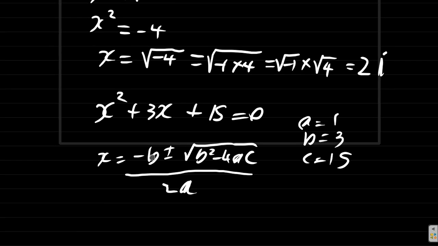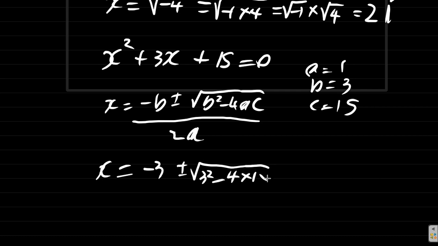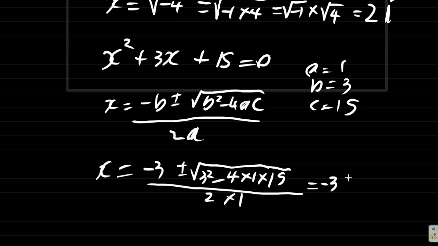Alright? So what we have is x equals -b, which is -3, plus or minus the square root of 3 squared minus 4 times 1 times 15, all over 2 times 1. Which is -3 plus or minus the square root of 9 minus 60, all over 2.